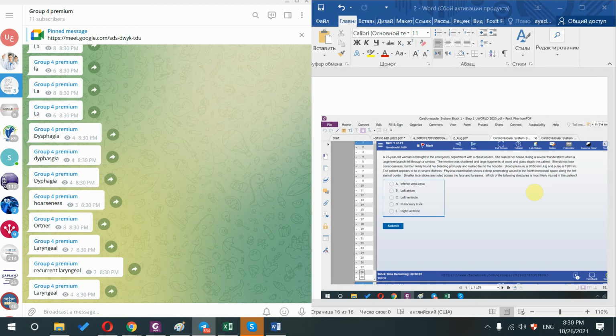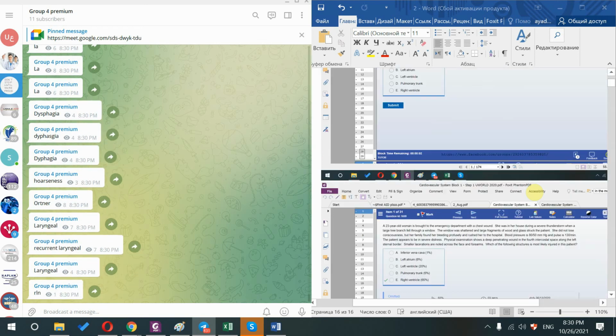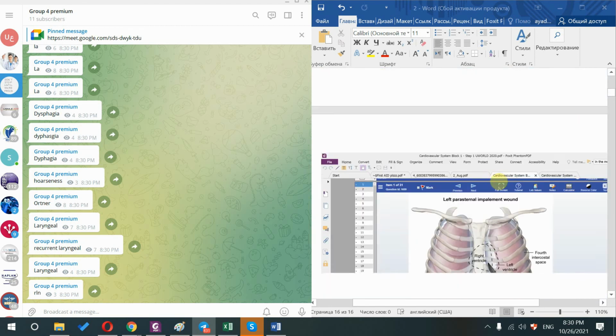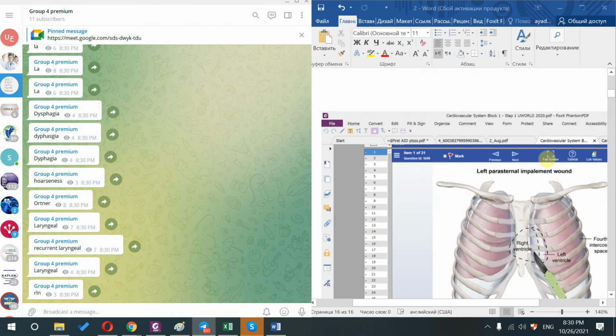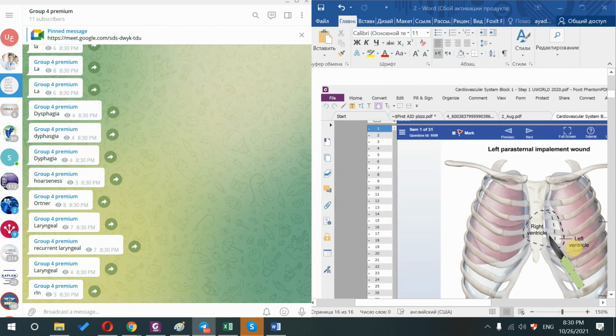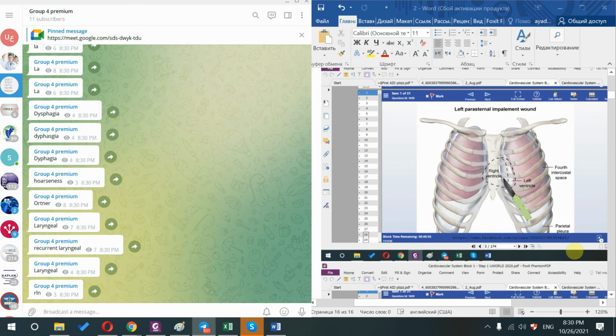Recurrent laryngeal. Awesome. Good job, guys. So the correct answer was the right ventricle. See? The stab wounds. Just be careful. If they tell you it's at the apex, it will be the left ventricle. But otherwise, it's the right ventricle.